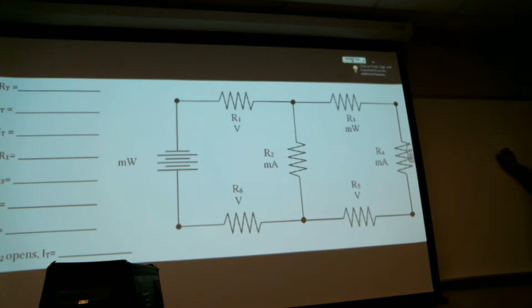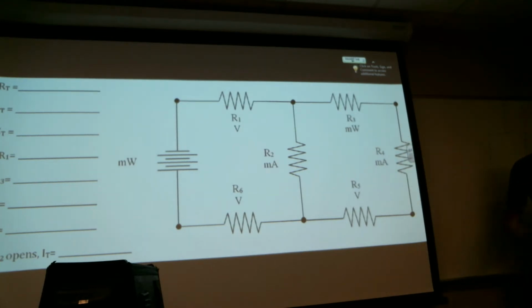You have one resistor over here, now you have 3 here. It's a mess, I know. So here's 1, 2, 3, 4, 5, 6. Just like the one we did yesterday, where you said break it down 3 times, redraw it 3 times.